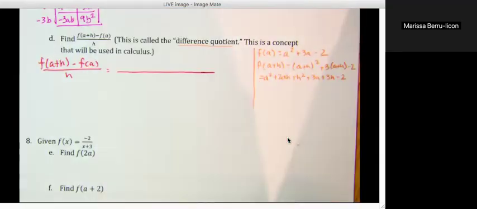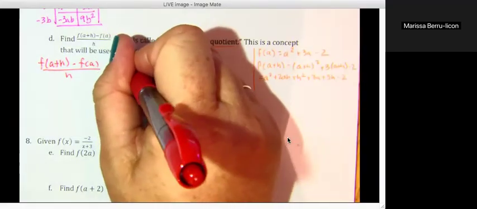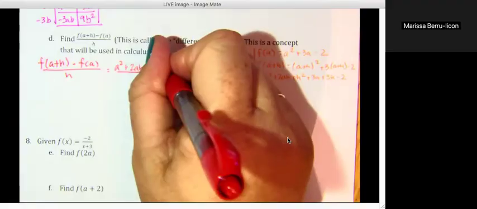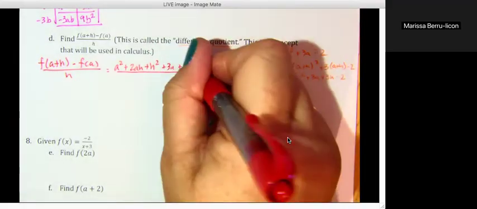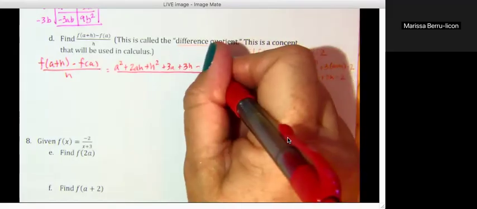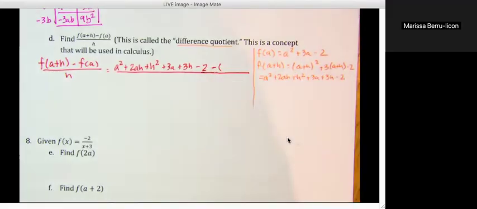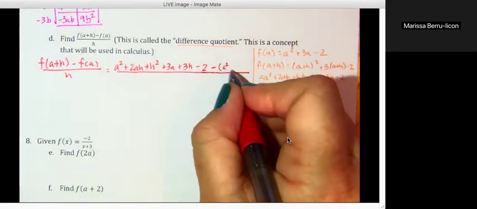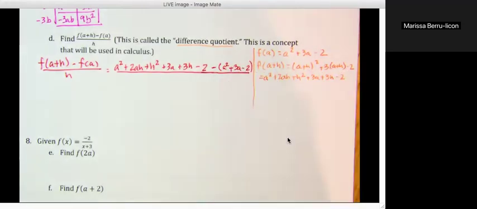I'm going to go ahead and copy all those terms over. a squared plus 2ah plus h squared plus 3a plus 3h minus 2. And then we're subtracting f of a, and you're going to want to put parentheses around this whole thing. f of a is this top piece here, a squared plus 3a minus 2. And then we have h on the bottom.